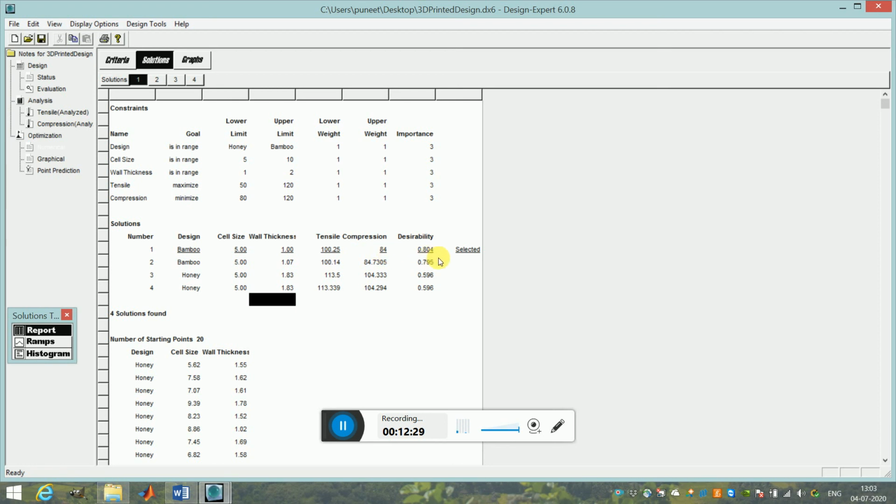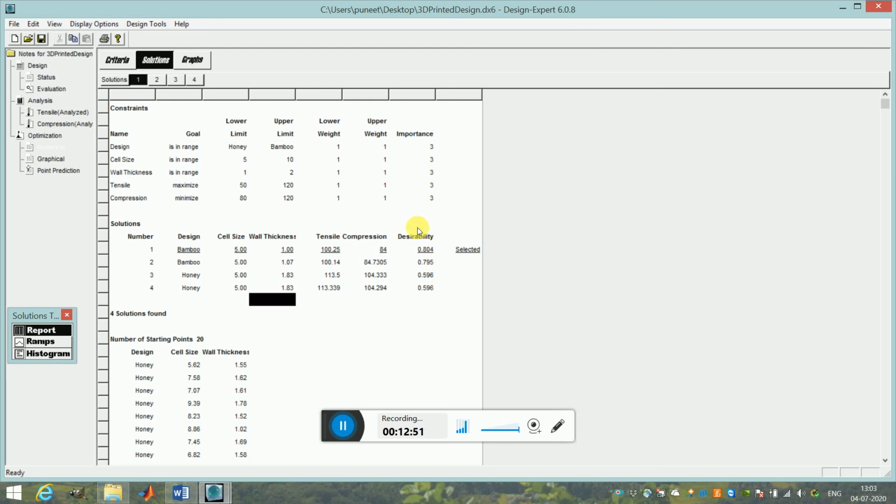The optimization technique used is desirability. A desirability value of 0.804 means about 80% of our target is achieved. So this is the meaning of desirability.